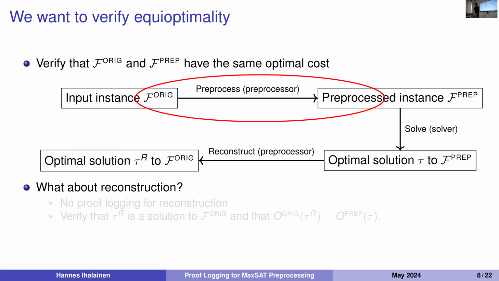And now I claim that we don't need proof logging here. It's sufficient to add it here.